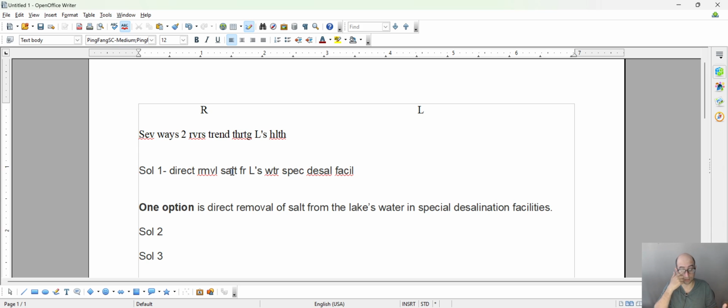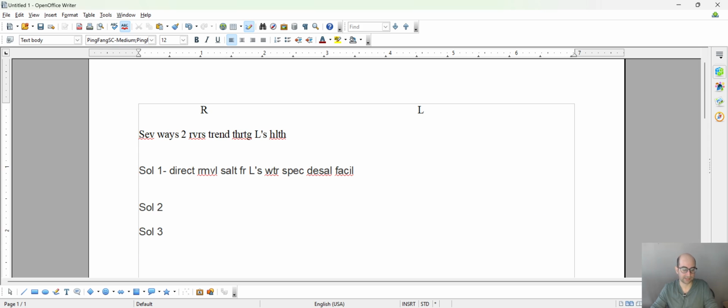And later on, during your 20-minute response phase, they will show you the reading passage again. You could take a brief glance at it, so if you forgot this, yeah, it's about the special desalination facilities. Okay, so that's that there. Now, you could write an example of this or a specific reason related to this, or maybe some important detail that supports this.